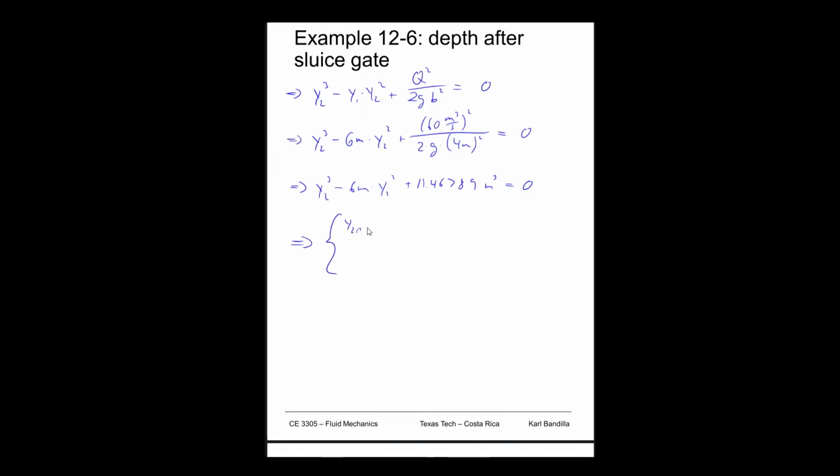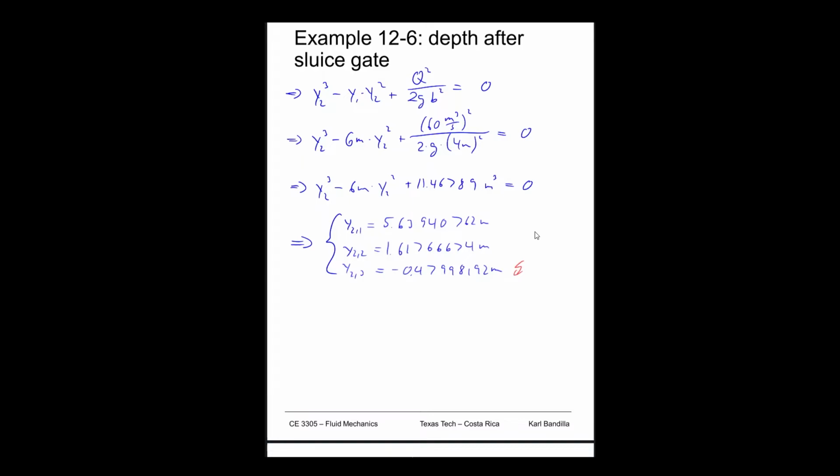So we get y2,1 equal to 5.639407762 meters, y2,2 equal to 1.61766674 meters, and y2,3 equal to minus 0.479981192 meters.